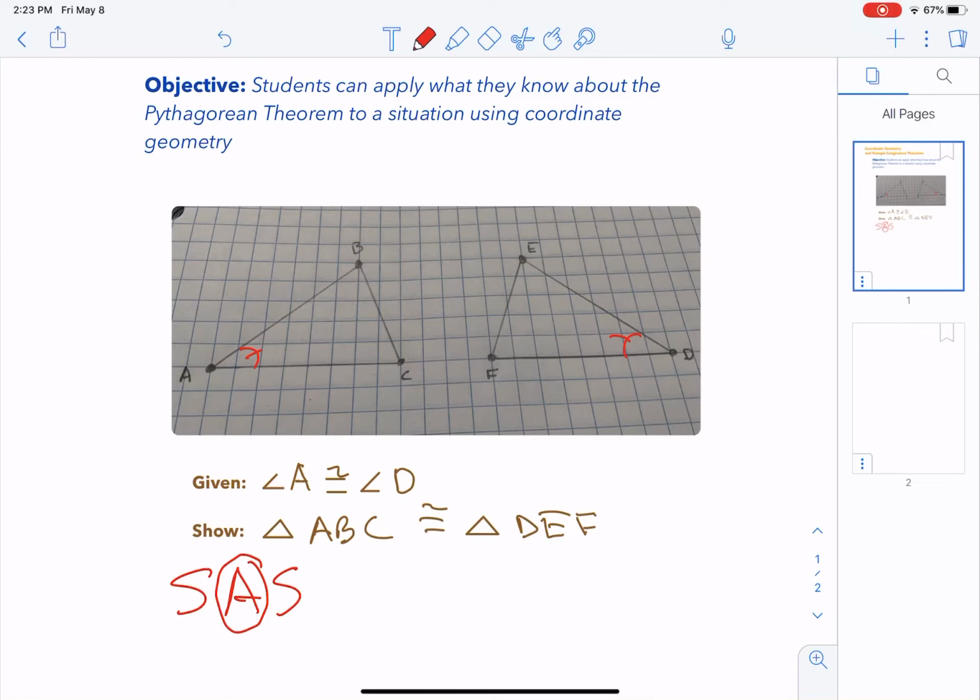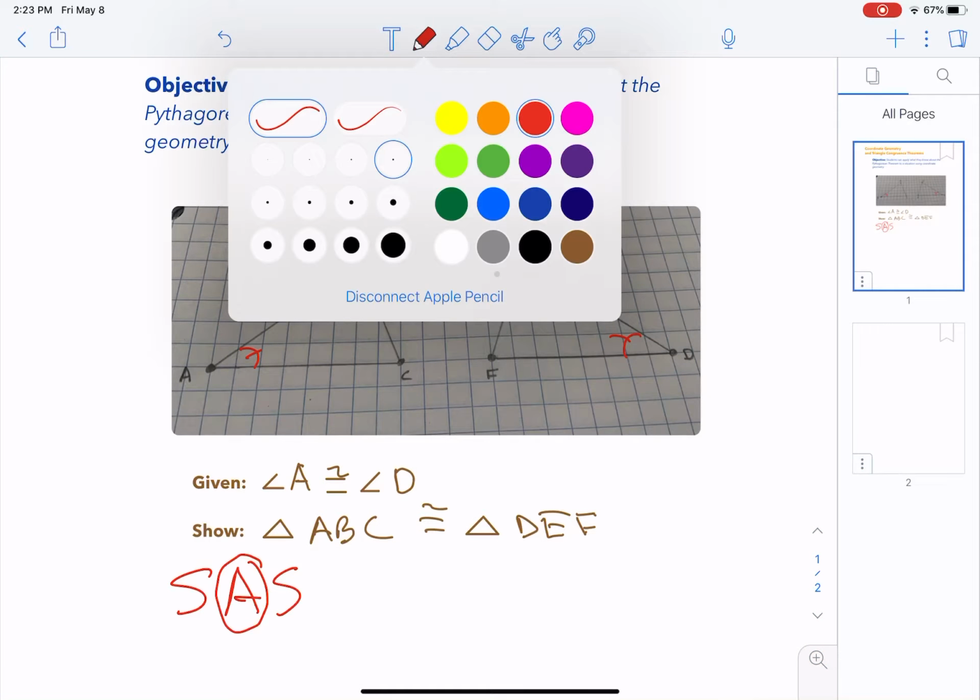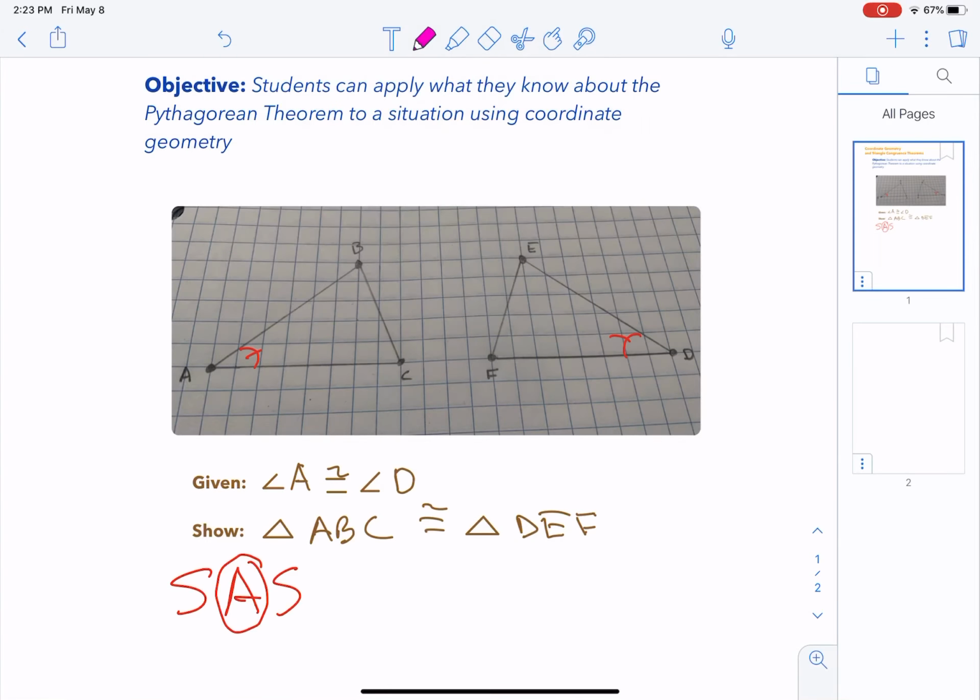And it might be somewhat obvious, hopefully it is obvious, that we have a couple sides that are definitely congruent here. This side and this side. Okay? You can just count it up. We have, this is 1, 2, 3, 4, 5, 6, 7, 8 across, segment AC, and then segment DF is also 8 across.